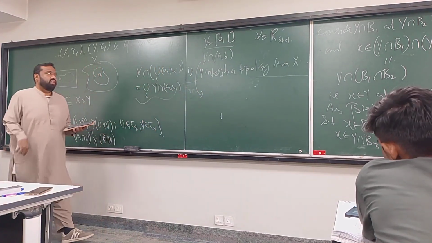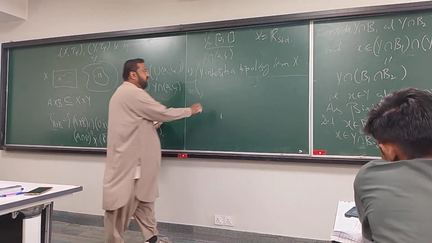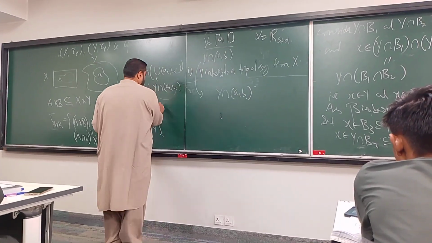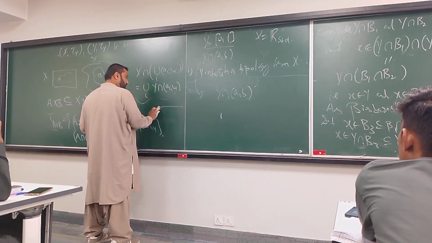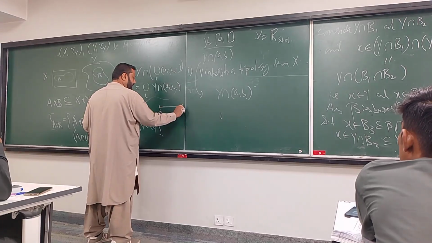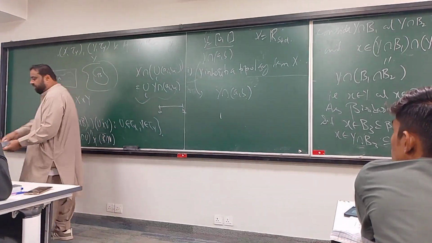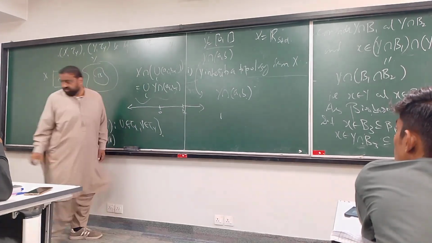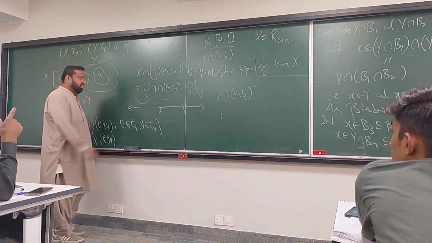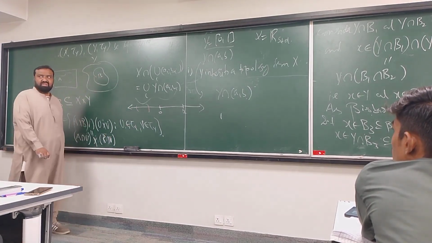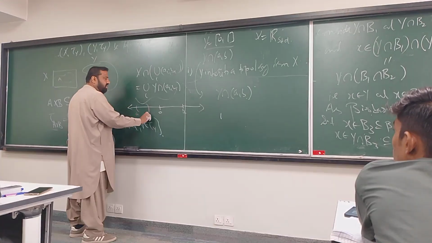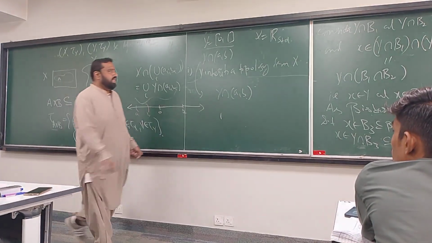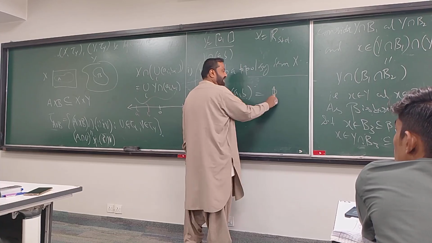If you think about what Y intersection AB would be: Y is like this interval which starts from 0 and gets to 1, and where could AB be? You have this entire line. AB could be here, which does not intersect at all with Y. So this means that the intersection should be empty.